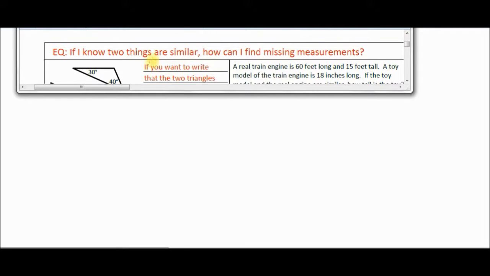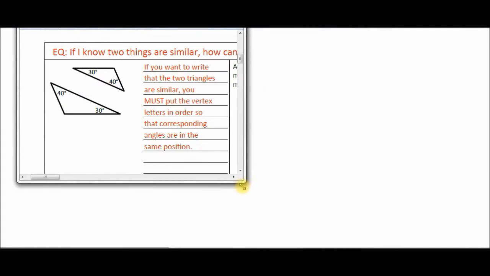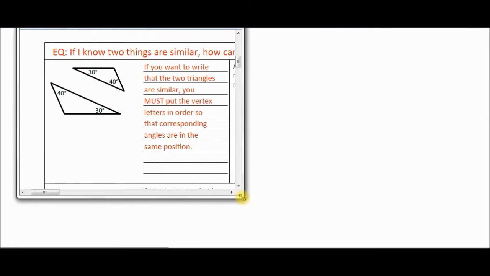Now, before we even get into doing a problem class, there's something very important that you have to know, and that is this section right here, the upper left-hand corner. If you want to write that two triangles are similar, you must put the vertex letters in order so that corresponding angles are in the same position.